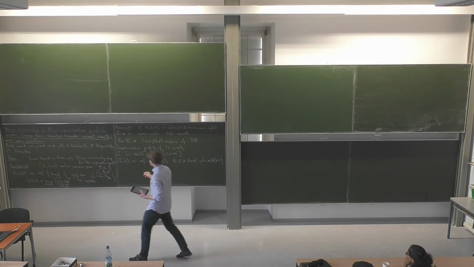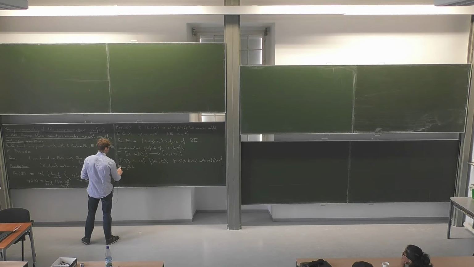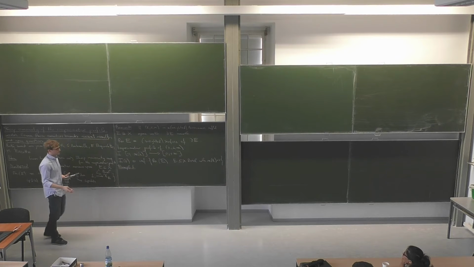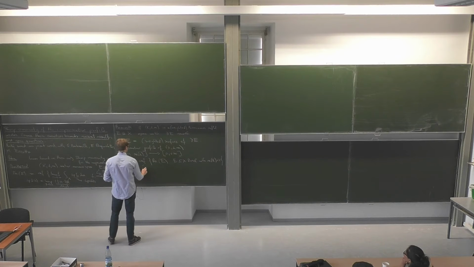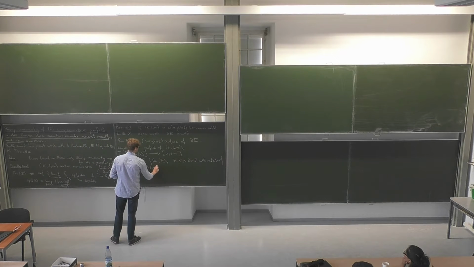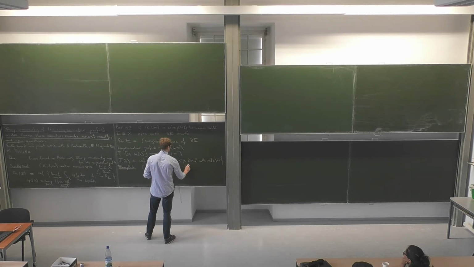So let's discuss two examples to get familiar with this notion. Example 1 is what happens in the case where the metric measure space is the Euclidean space with the standard structure. So let's say that (X, d, m) is equal to R^n with the Euclidean distance and the Lebesgue measure.